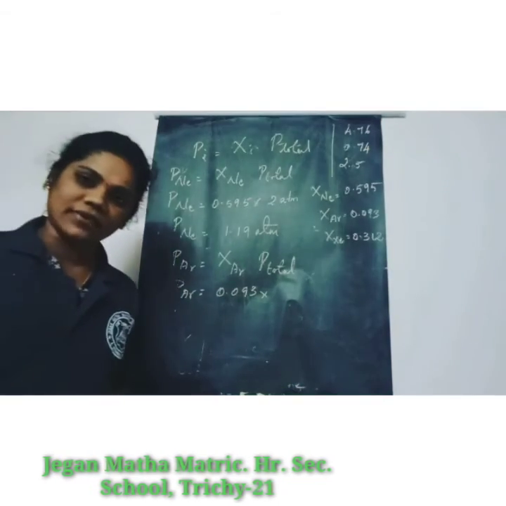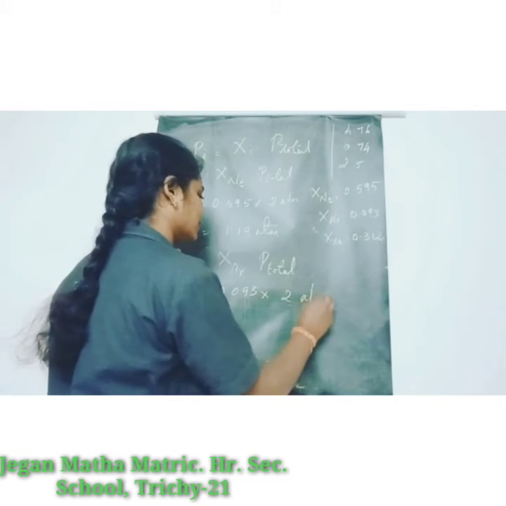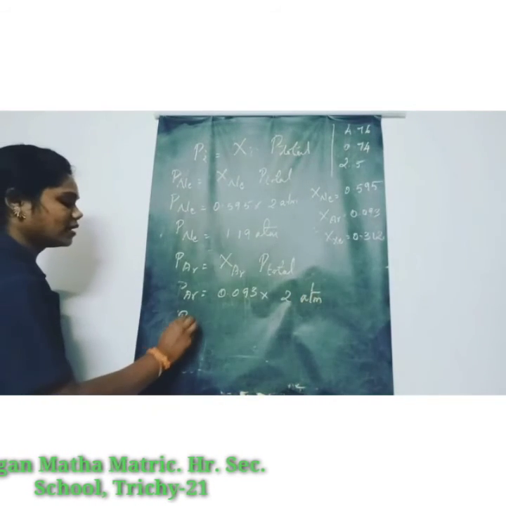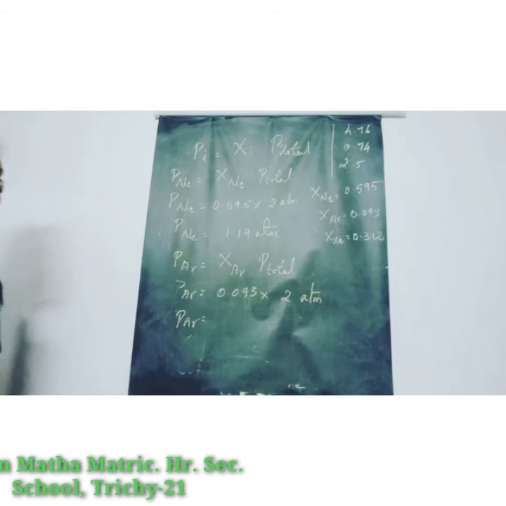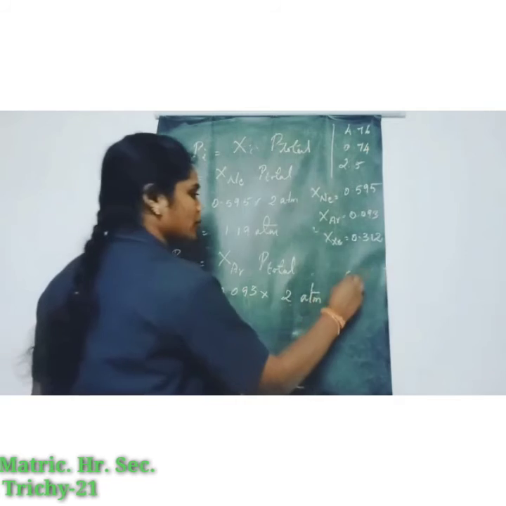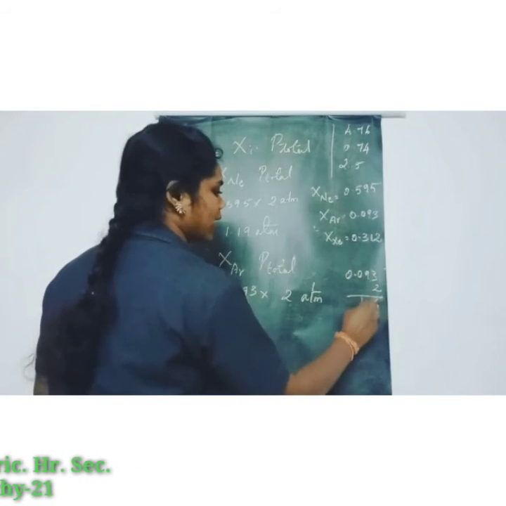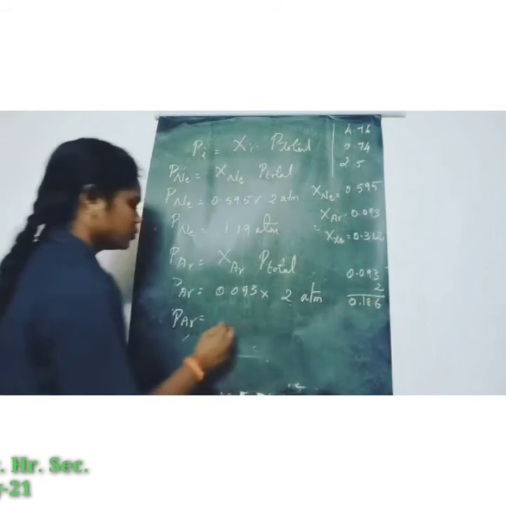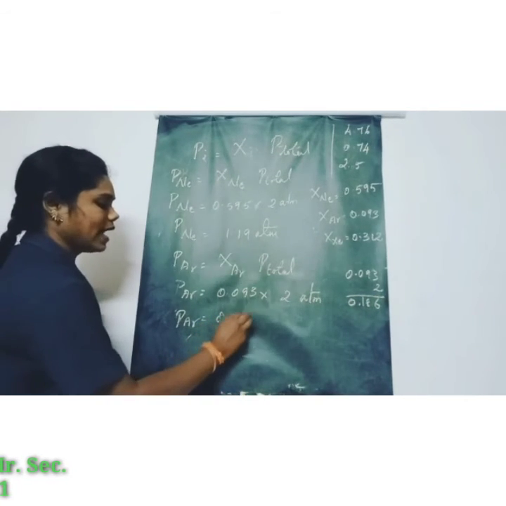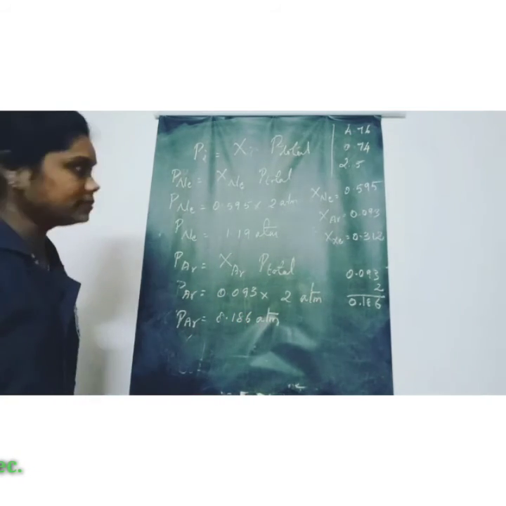P total is given in the question, so that is 2 atmosphere. Okay. So P argon is equal to, multiply these two terms, 0.093 and 2 atmosphere. So we get 0.186 atmosphere. Here 0.093 into 2, 6 times 9 to 18. So 0.186 atmosphere.